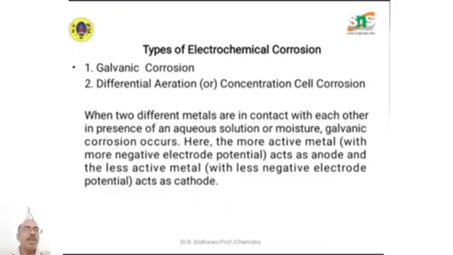Types of electrochemical corrosion: galvanic corrosion and differential aeration corrosion. Here, when two different metals are in contact with each other in the presence of aqueous solution or moisture, galvanic corrosion occurs. Here, the more active metal acts as an anode and the less active metal acts as a cathode.